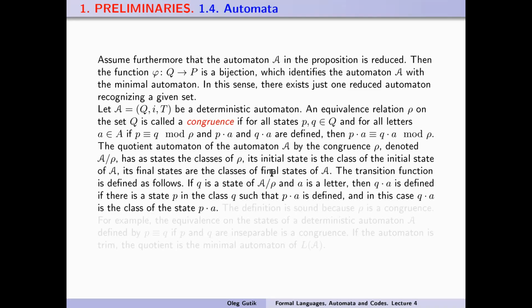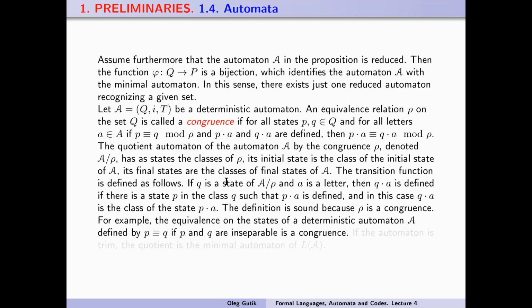If Q is a state of the quotient automaton and A is a letter, then Q multiply A is defined if there exists a state P in the class Q such that P multiply A is defined. And in this case, Q multiply A is the class of the state P multiply A. The definition is sound because ρ is a congruence.